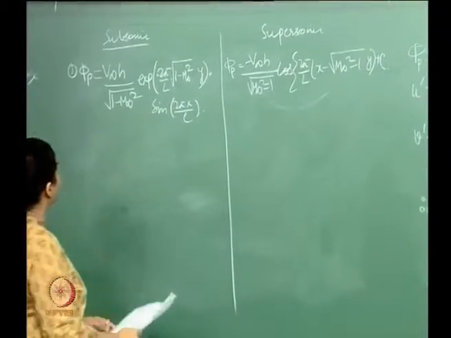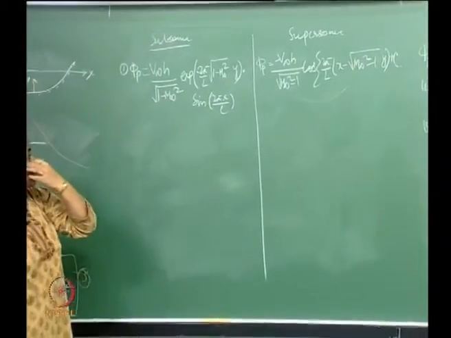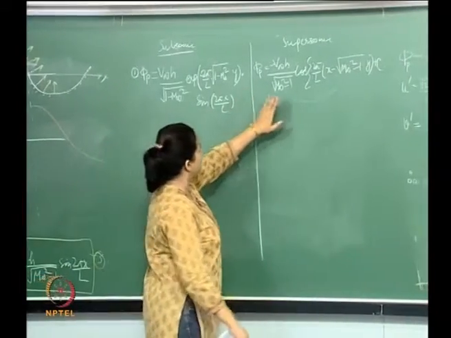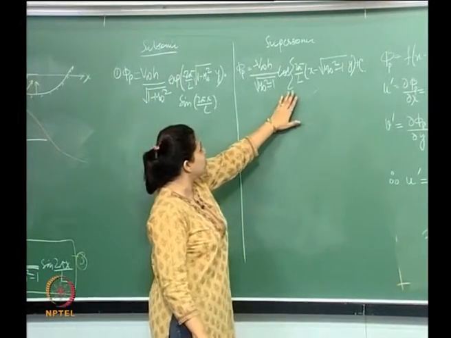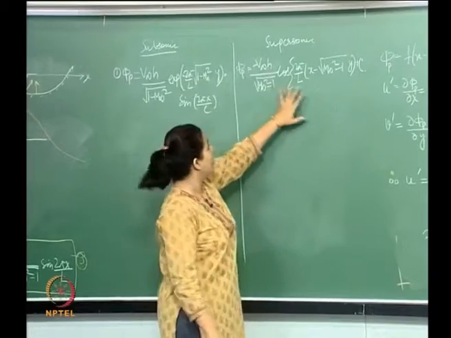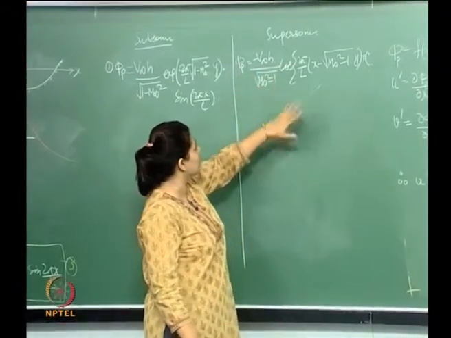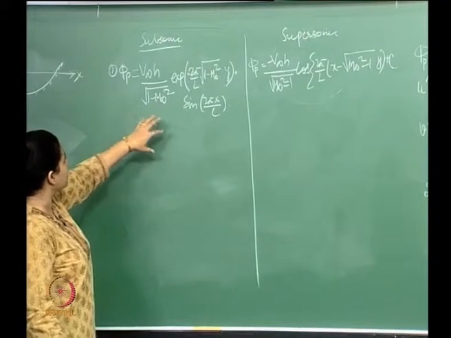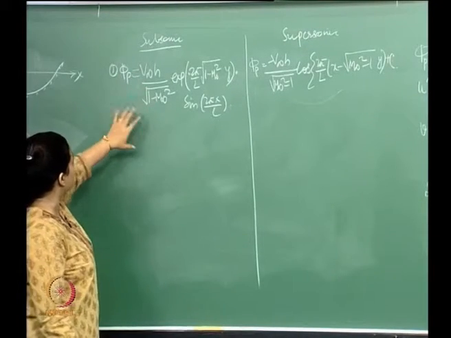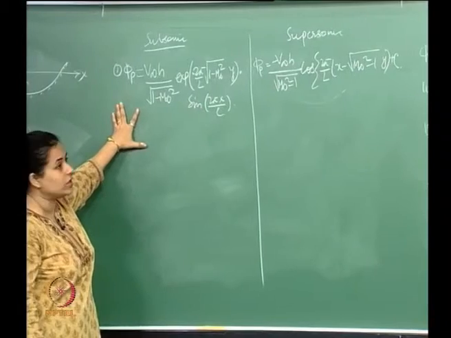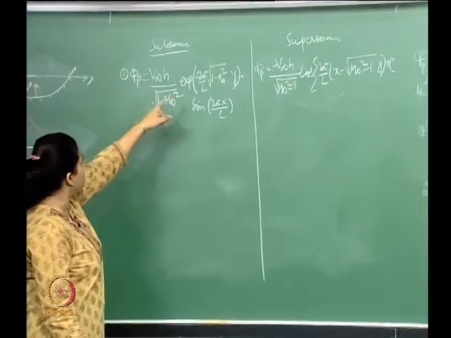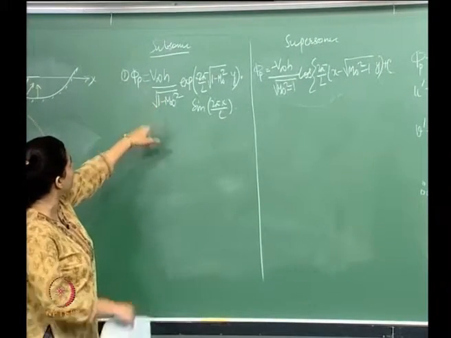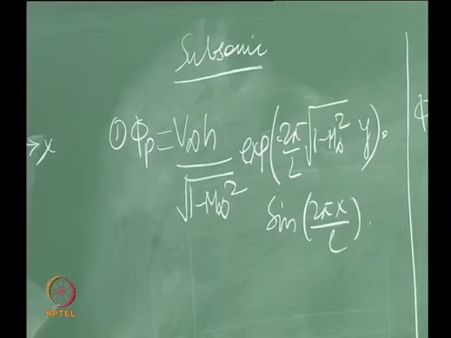The very first difference that you can see is that in the supersonic case there is no exponential dependence of the perturbation potential on y, whereas for the subsonic case we do have an exponential dependence of the perturbation potential.